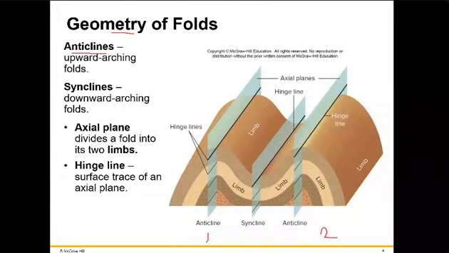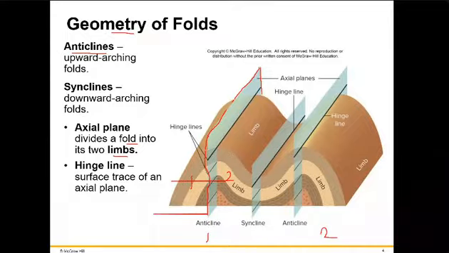This plane is termed the axial plane. And the axial plane divides the fold into two limbs, limb 1 and limb 2. All right? It divides the fold into two limbs.